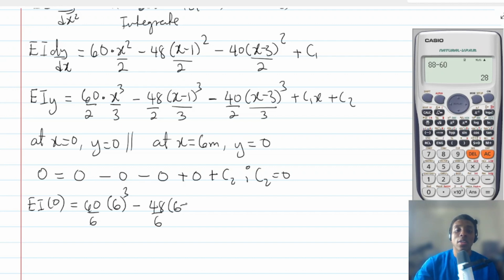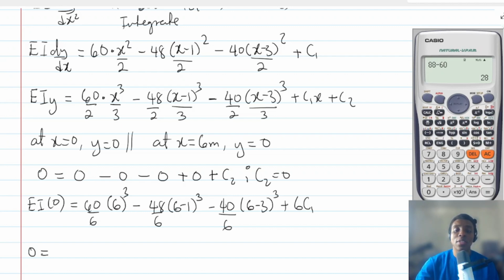And then at this point we have minus 40 over 6, and then we have 6 minus 3 cubed plus 6, which is the x, C1, but the C2 is 0, so we don't need to bother about it. So please, let's solve for C1.